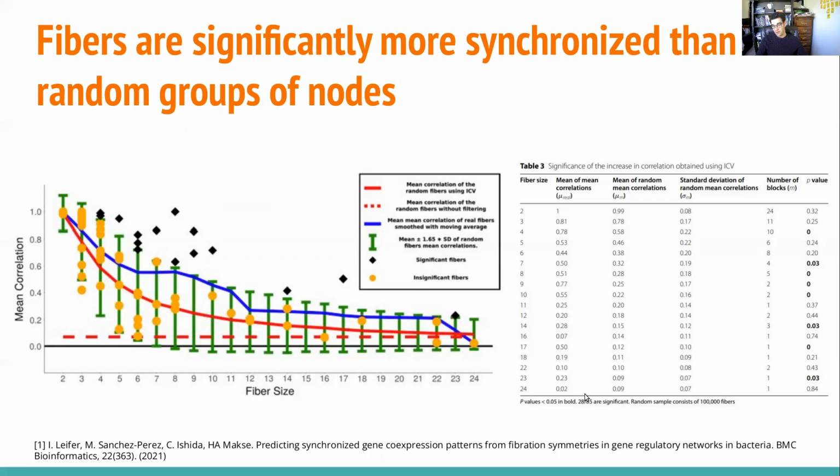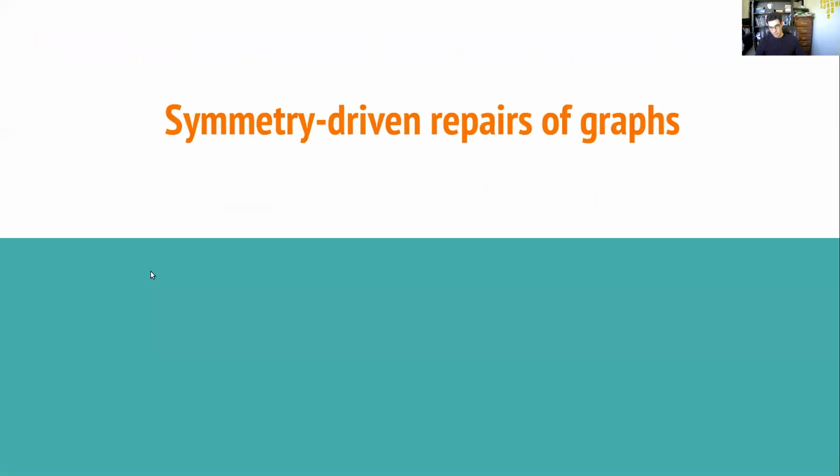It's only 30 out of 85, but most of the insignificant fibers are of small sizes. We believe that it happens because this filtering creates some bias towards the smaller sizes, making them overly correlated. So these few are not significant, but the rest are pretty good. These are the results that we got here.